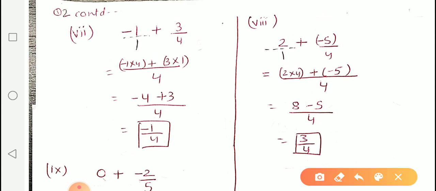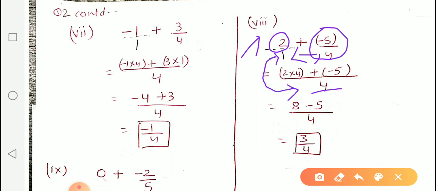Now the eighth part. In this we have to add 2 plus -5 by 4. Again for denominator of 2 we will write 1, and we will see the LCM of 1 and 4 is 4. And next step we have to see by which number we should multiply 1 so that we can get 4 as answer. It is 4.